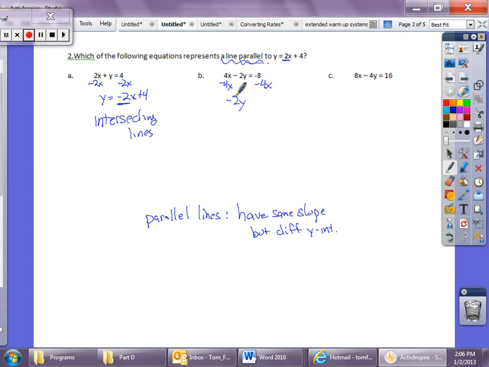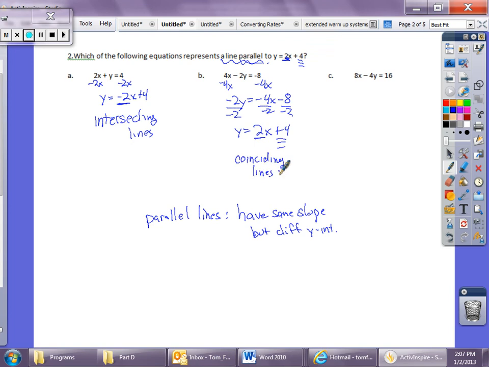We get negative 2y equals negative 4x minus 8, and then divide by negative 2. So we get y equals 2x plus 4. Well, they have the same slope. The slope is 2, but they also have the same y-intercept. So these are going to be our coinciding lines.